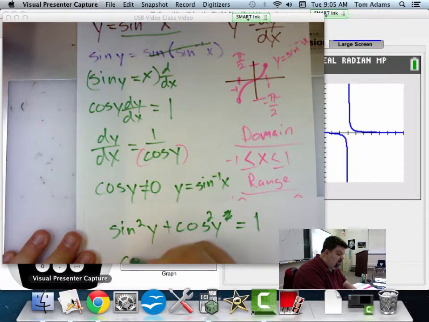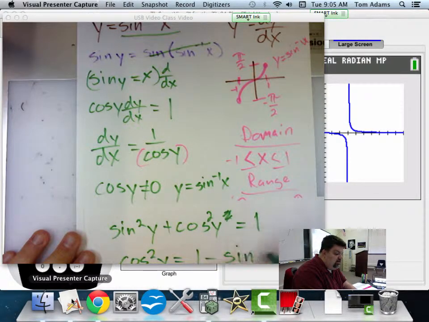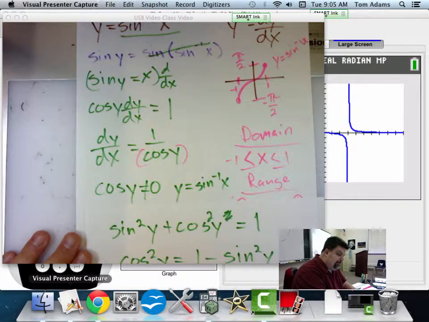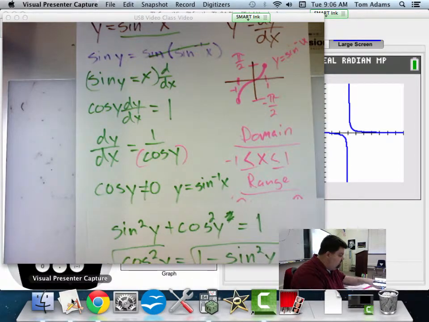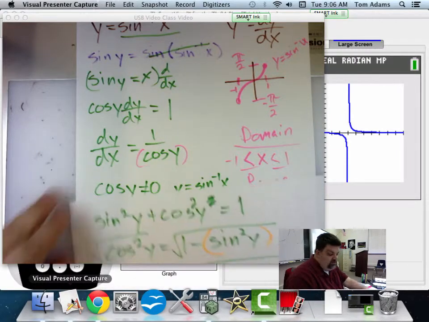So I've got cosine squared of y is equal to 1 minus sine squared of y, right? Now, if I take the square root of both sides, I get cosine of y is equal to the square root of 1 minus sine of y squared. But I said I wanted it in terms of x, right?